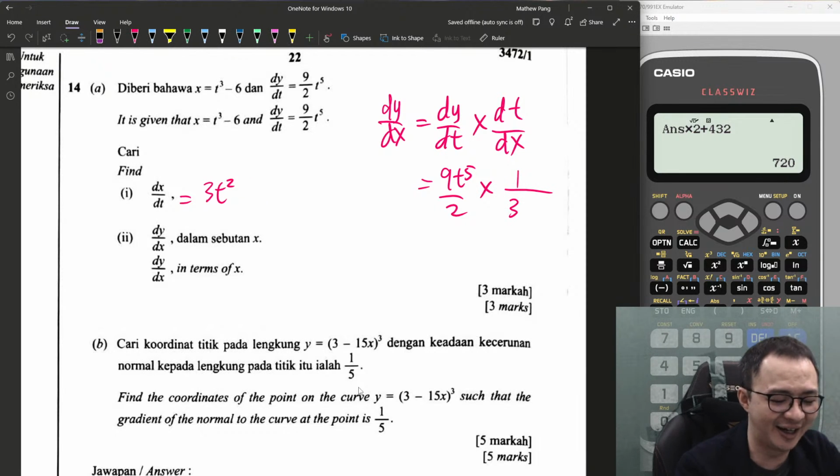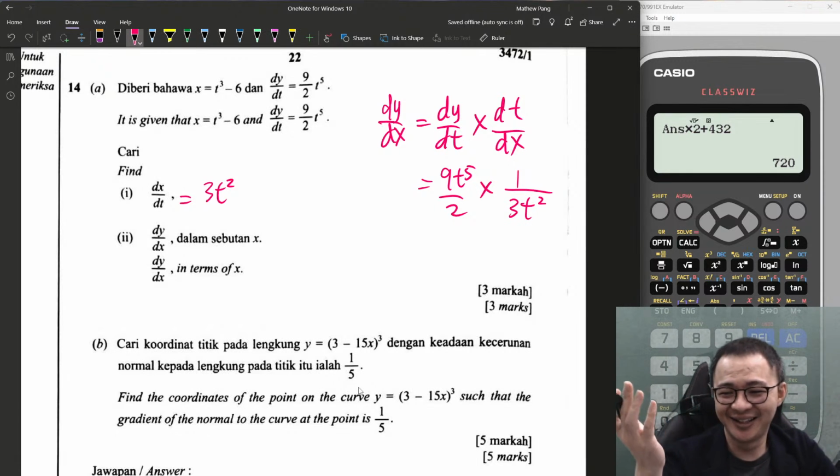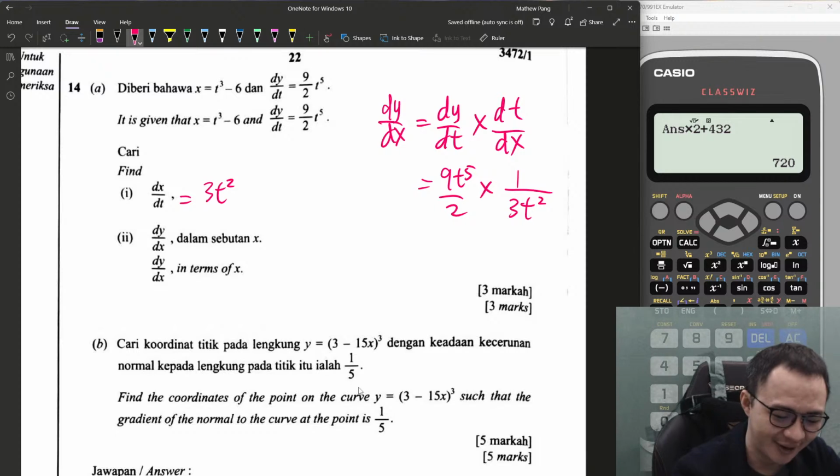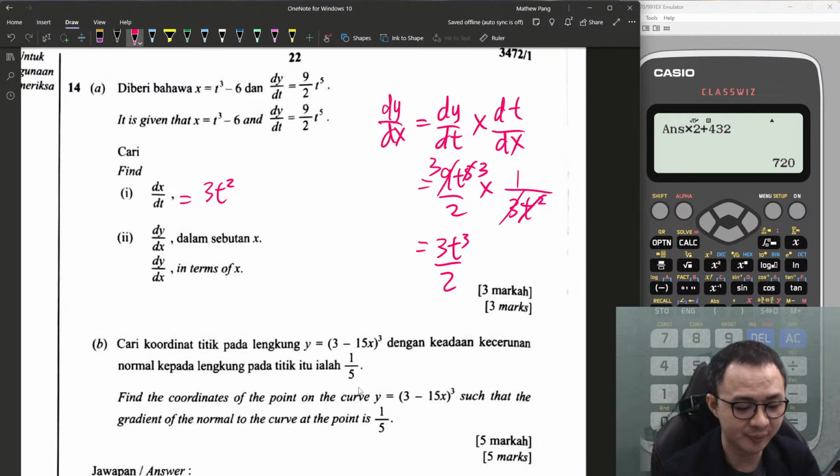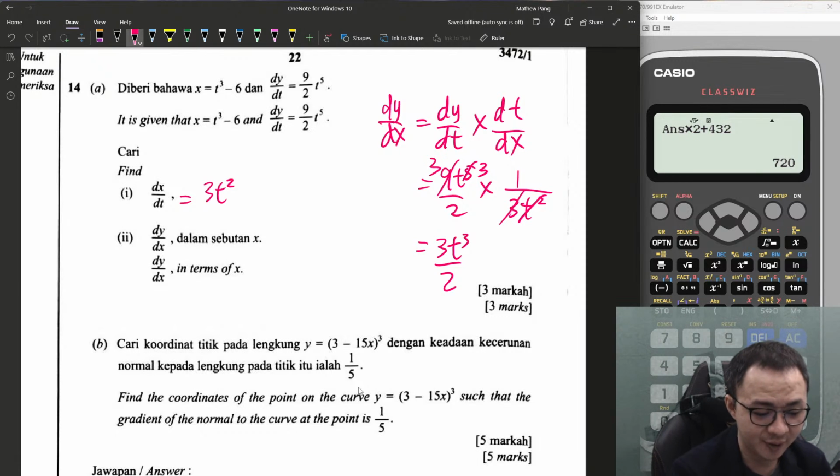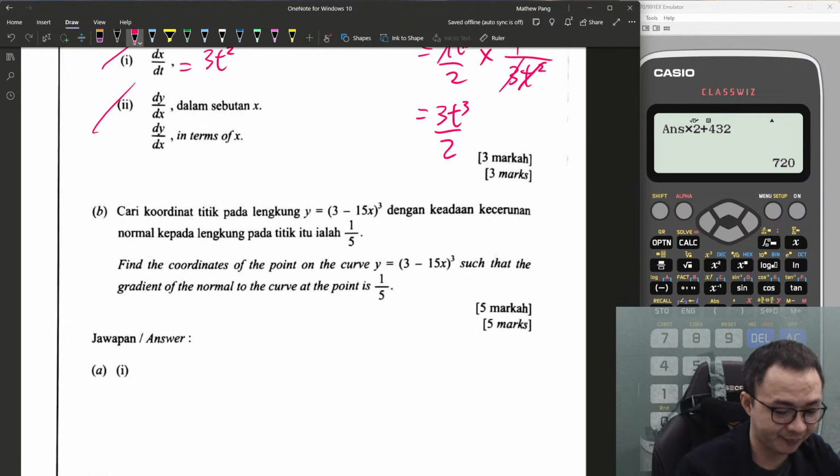Don't have minus 6. What's wrong with my brain? Differentiating negative 6 is 0. Okay, so 3 and 9 I simplify. t squared and t to the 5 I simplify. So I should get something like 3t cubed over 2. Yeah, should be correct. Okay, so done. 3 marks easily.